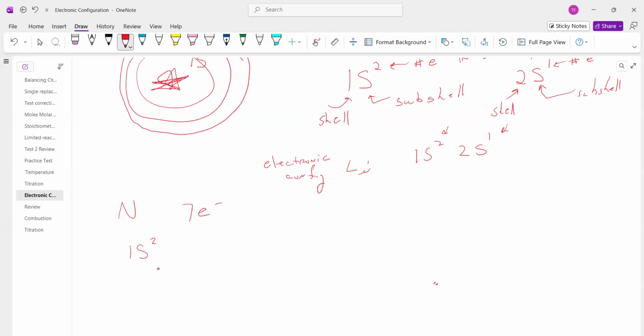That leaves 5 more electrons. 2s2. We've got 3 more to go. 2p3. So 2 plus 2 plus 3 is 7. We've accounted for all 7 electrons.